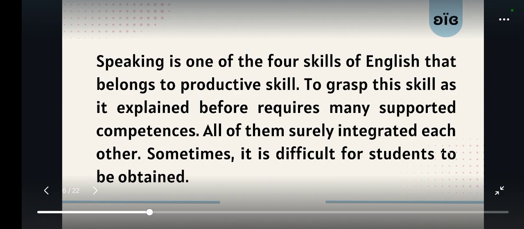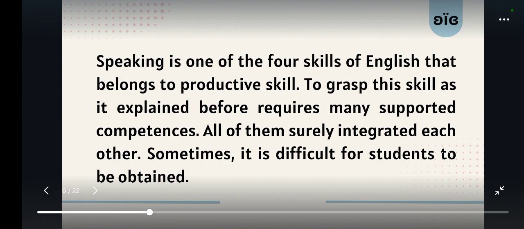And speaking belongs to the productive skills. Since speaking is a very active skill, it is a productive skill, unlike the other skills like listening and reading, which are defined as receptive skills.